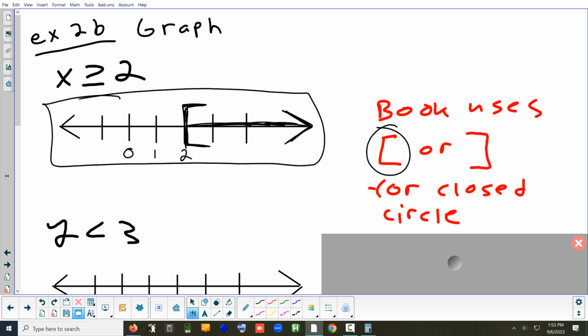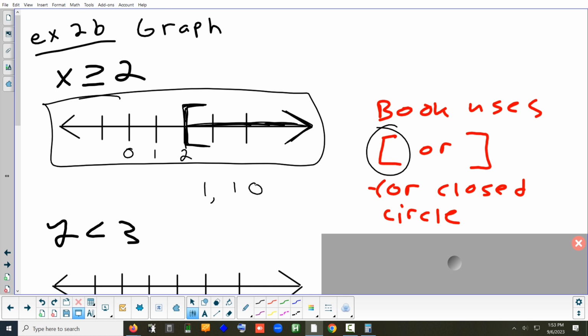Another place you might see the bracket is, let's say I said to you, I want you to pick a number between 1 and 10. And you can include the number 1, and you can include the number 10. One way I can write it is like this. That's the lowest number I said you could pick. That's the highest number I said you could pick.